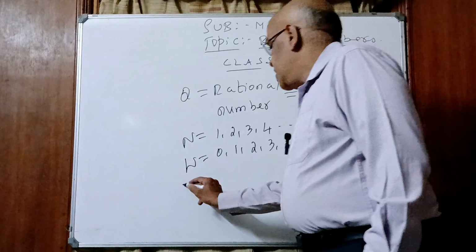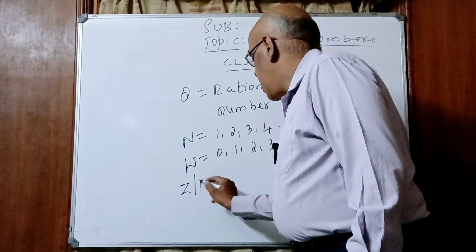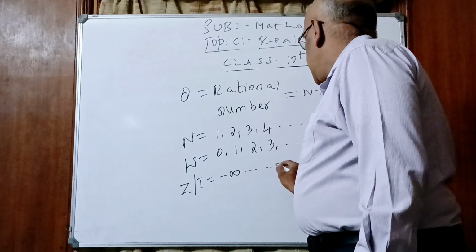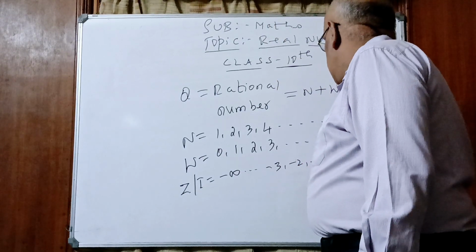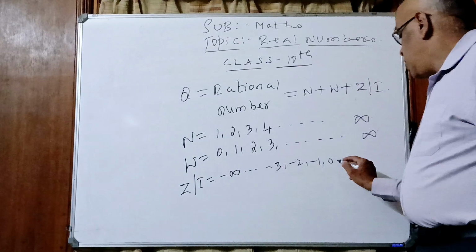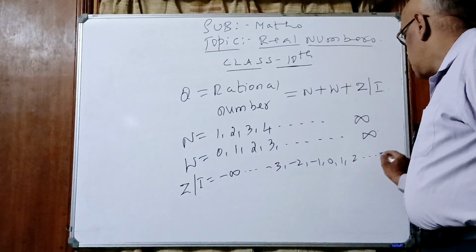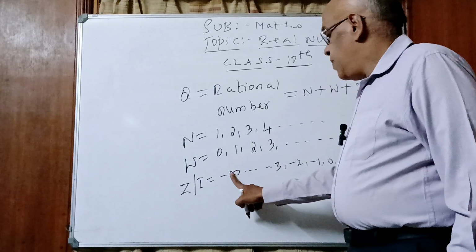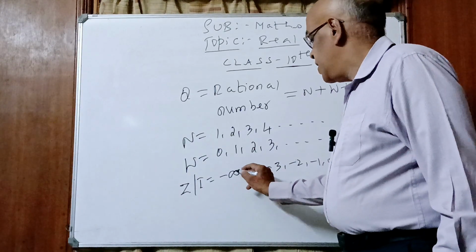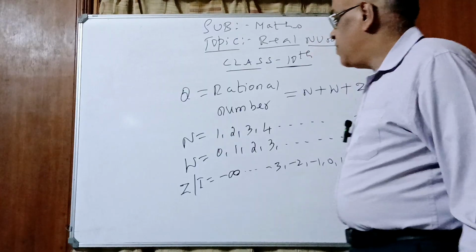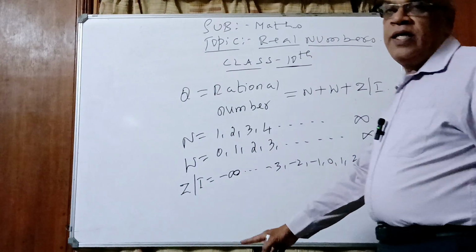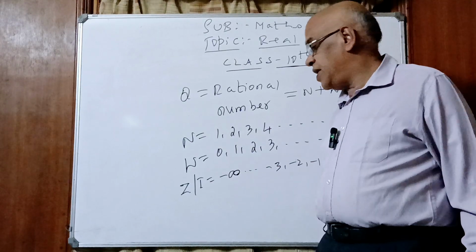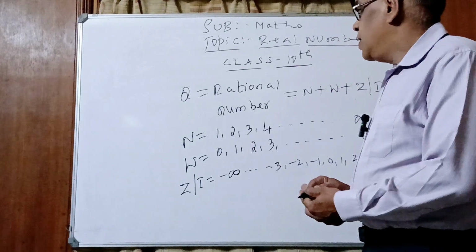Then integers, denoted by letter Z or I: minus infinity, minus 3, minus 2, minus 1, 0, 1, 2, goes up to infinity. Set of numbers start from minus infinity to plus infinity. This set of numbers is called integers. Understood, children?